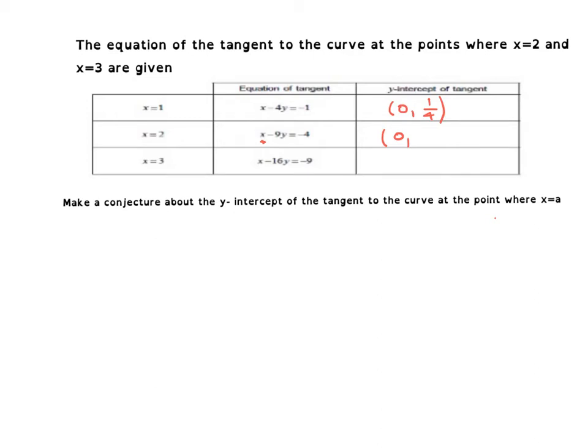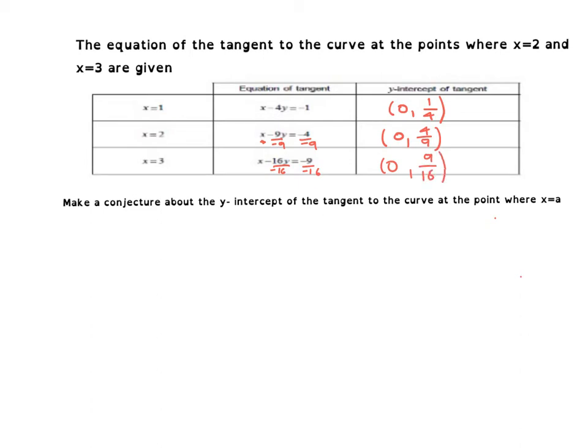To get rid of negative 9, you divide both sides by negative 9. So it's going to be 4/9. And similarly here, x is equal to 0, and then divide by negative 16, so it's going to give us 9 over 16.